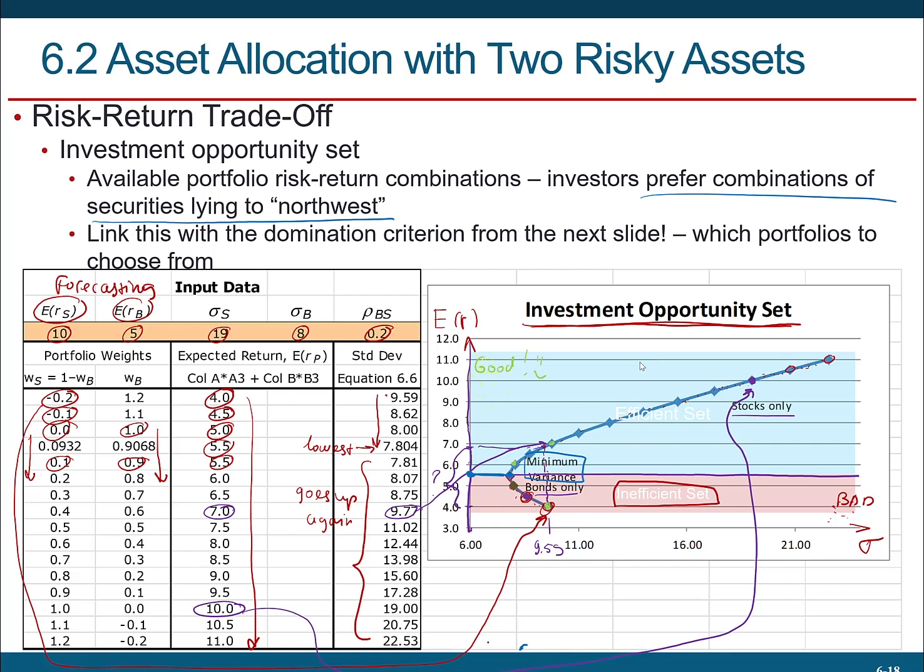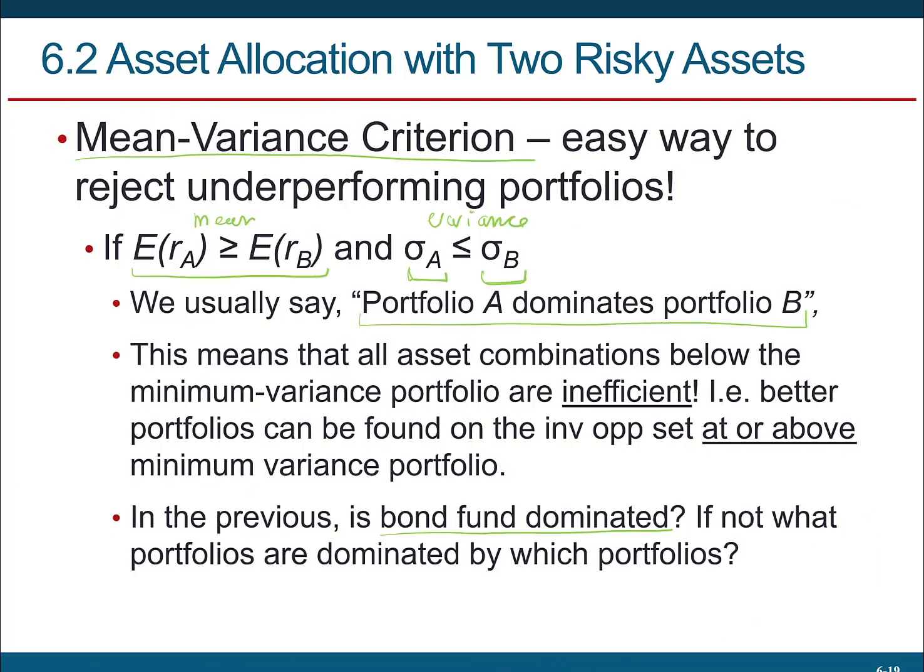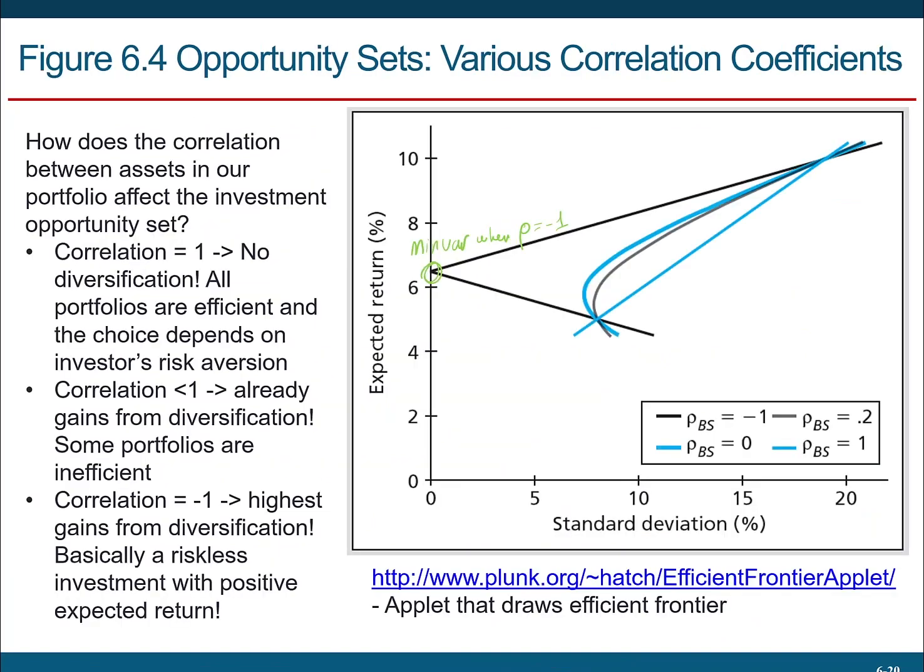And then we look at the effect of the correlation on the investment opportunity set, because we have two assets, and we're going to create portfolios out of those two assets. So what changes those portfolios?